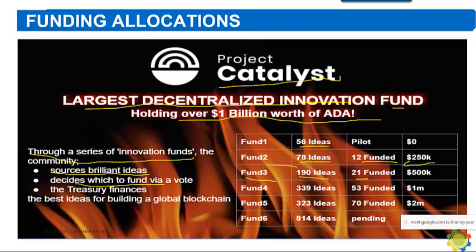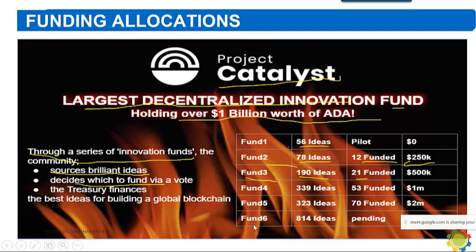21 were funded, with a budget of $500,000. Then in Fund 4, 339 ideas, 53 were funded with $1 million. So it has moved down through to currently we are in Fund 9.